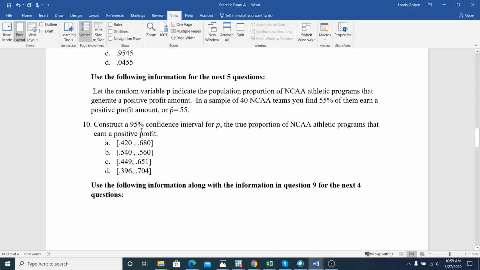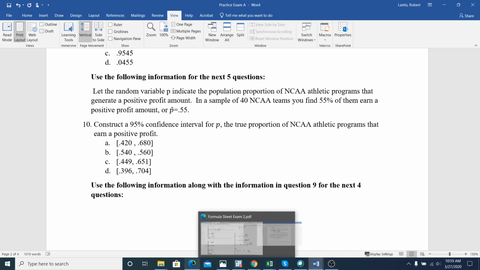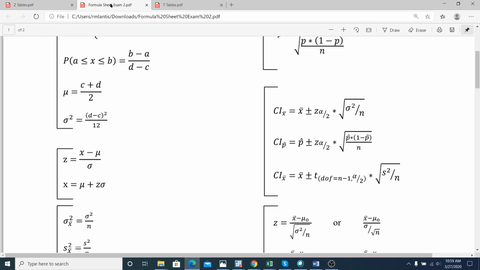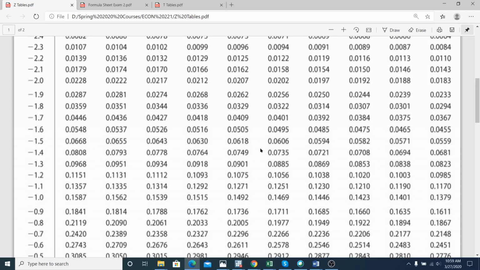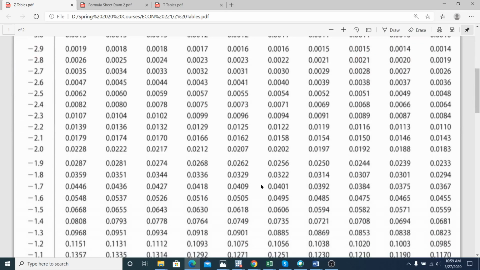I'll divide that by 2, so 0.025. I go to my z table, because if I'm looking at a sample proportion, I use the z or standard normal distribution. The numbers in the middle represent the areas that I'm looking for in the tail. So I want 0.025. What's closest to that? Oh, it's actually right here.